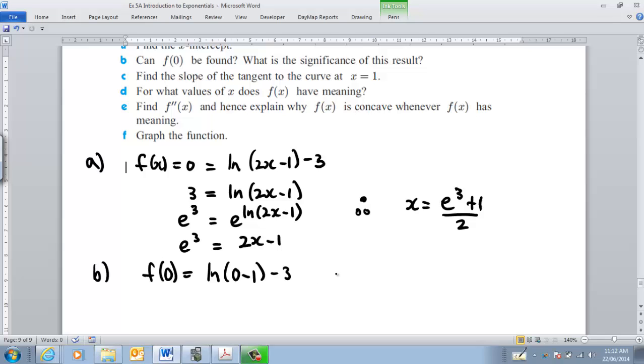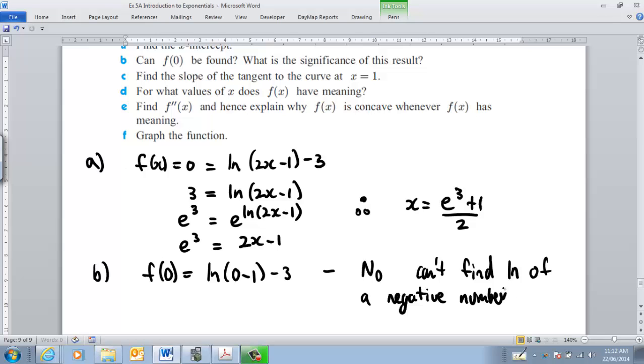No, can't find the ln of a negative number. Can't do that. So how would be a way of saying that in mathematical terms?